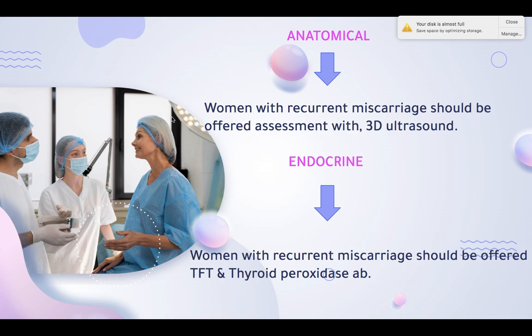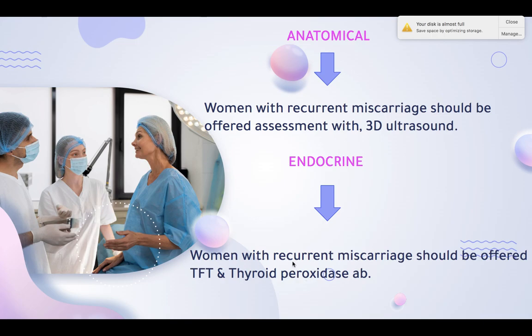Like we have already mentioned, thyroid disease and diabetes, when well controlled, are not going to increase the risk, right? But with recurrent miscarriages, we will be offering thyroid function tests and thyroid peroxidase antibody testing, right? So this is a very important thing. We are going to do TFTs and thyroid peroxidase antibodies.